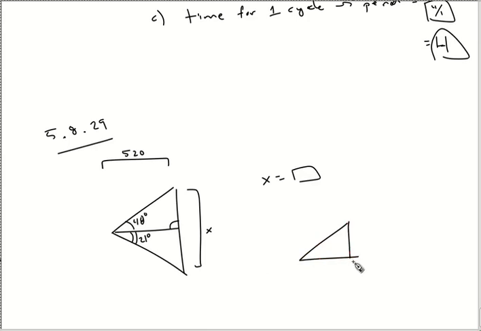Now, the first one is the top guy. So we got a 48 right here, and I'm going to call this y, and this is a 520. To solve for y, I'm going to use tangent of 48 degrees is equal to y over 520.